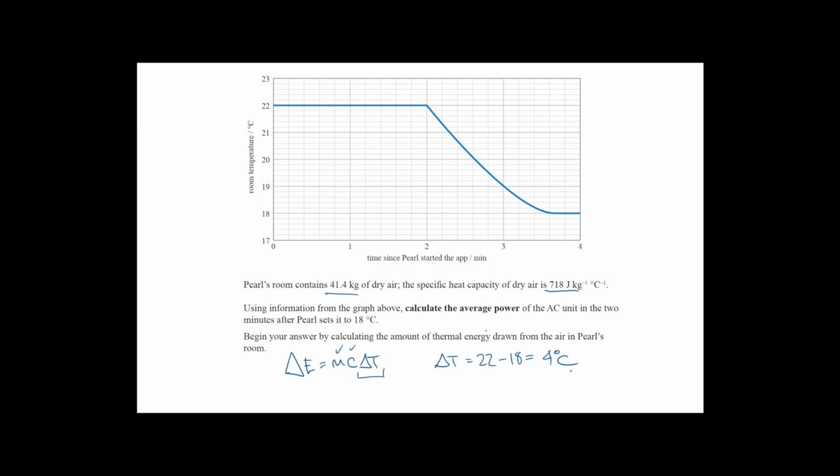Okay, that's the first part. So let's work that out now. So let's grab our calculator, and we know the mass is 41.4 times the specific heat capacity, 718, times 4. Now, we're not worried that it's a -4 or +4, it's just a change of 4.